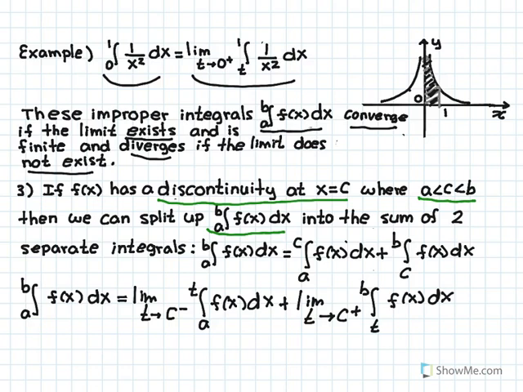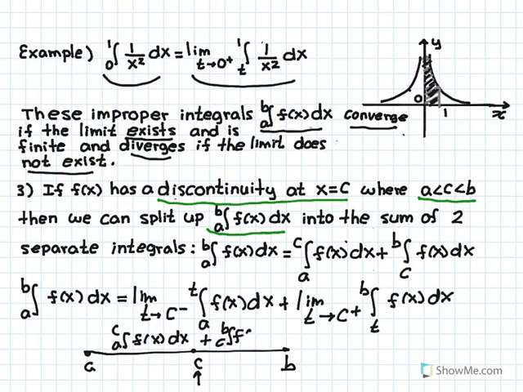So essentially you're splitting up this interval from a to b, from a to c, and then from c to b. At x equals c is where your discontinuity is, so you're splitting it up into two separate integrals.